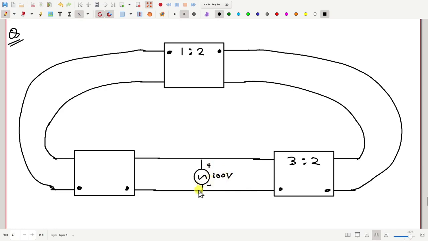Now in this circuit, could you tell me what should be the turns ratio of this transformer, which will not create any problem? What should be the turns ratio of this transformer, which I haven't written?